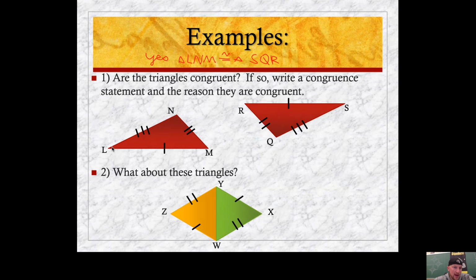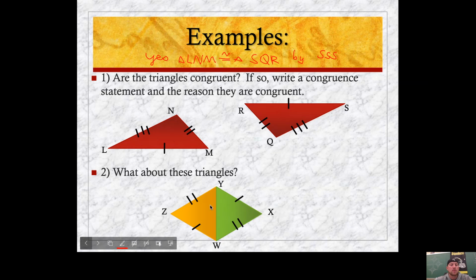For example, L is in between a side with 1 mark and 3 marks. So is S. N is in between sides with 2 marks and 3 marks. So is Q. That's how I knew what went with what. They're congruent by side, side, side. Three pairs of congruent sides.